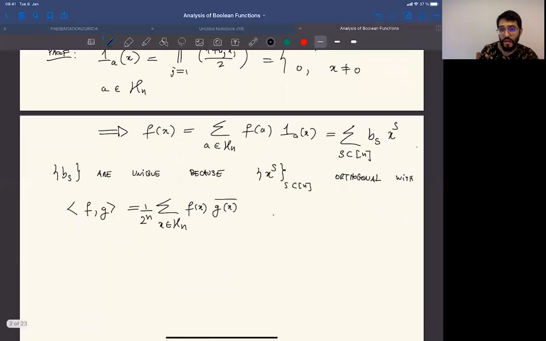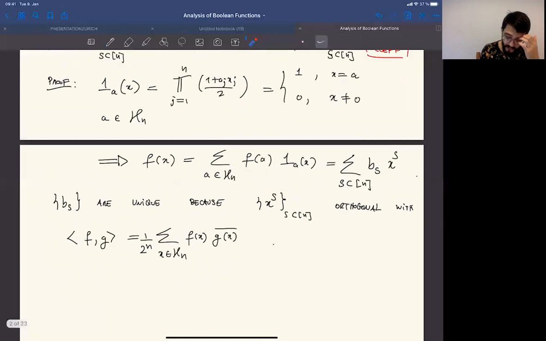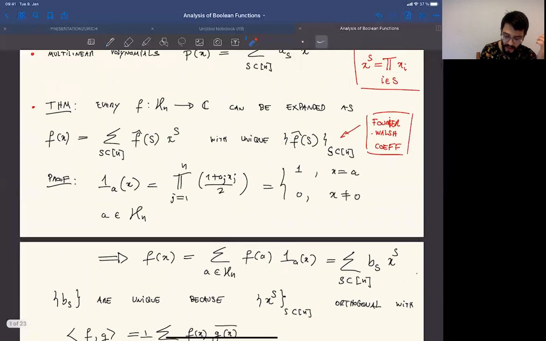This is a calculation. You do this calculation and you conclude that it's basically because of the symmetry of the space. And then you show that it's orthogonal, and then you count how many are in here, exactly 2 to the n, because there are 2 to the n sets in there. And how many different functions can you create from the Hamming cube to the complex numbers?